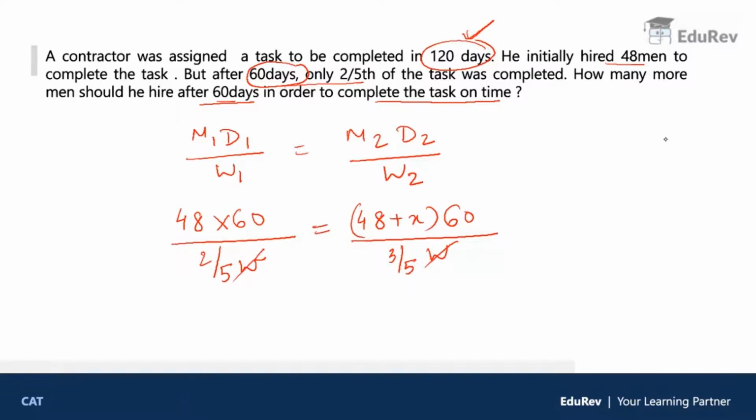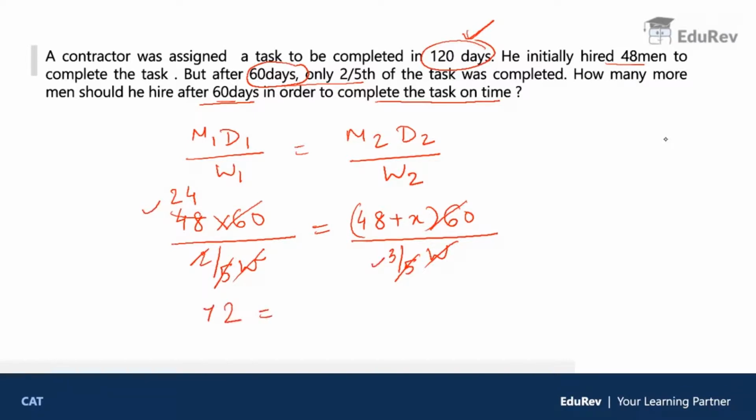What are we going to do? We are going to equate both of them. Okay? M1 D1 work 1, M2 D2 work 2. My work gets cancelled. My 60 will get cancelled. 2 will get, 5 will get cancelled. Plus 2 ones are 2, 24s are... Now 24 into 3 will give you 72.